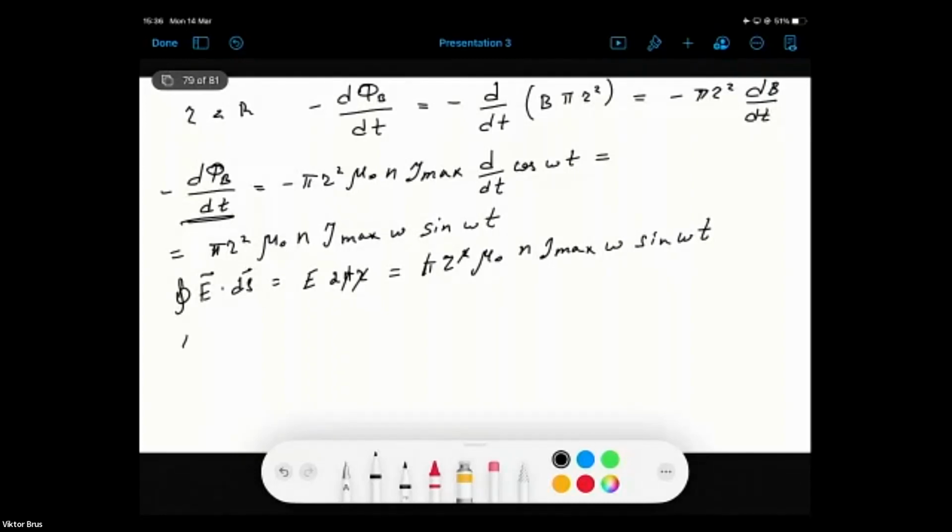We can get the expression for the induced electric field as a function of time inside the solenoid.